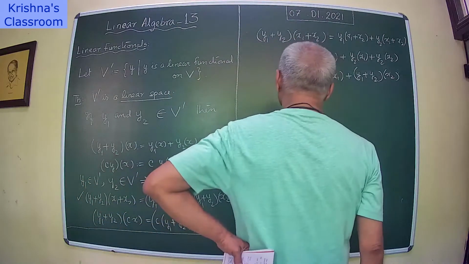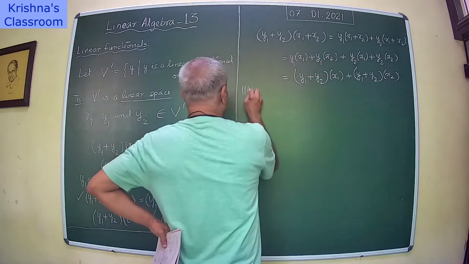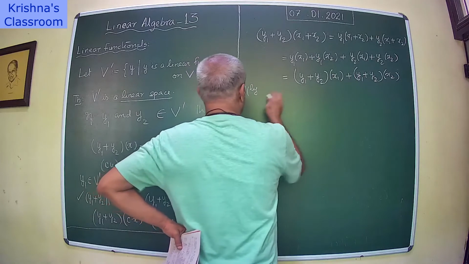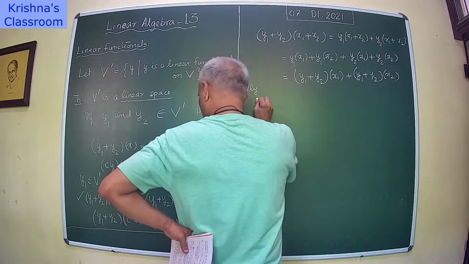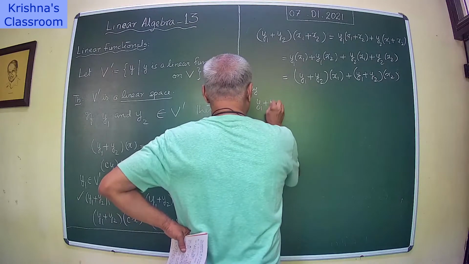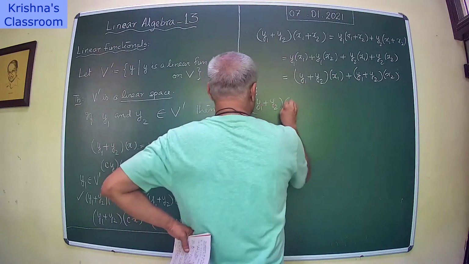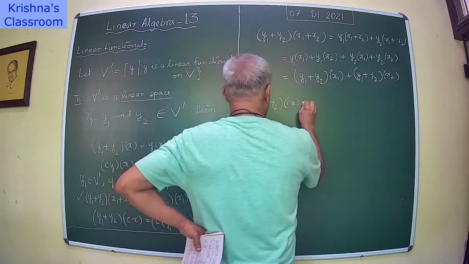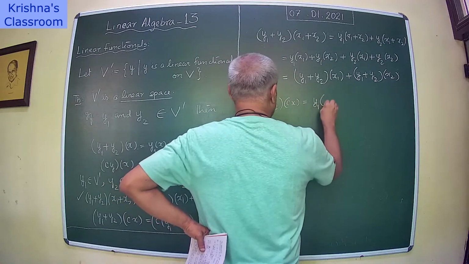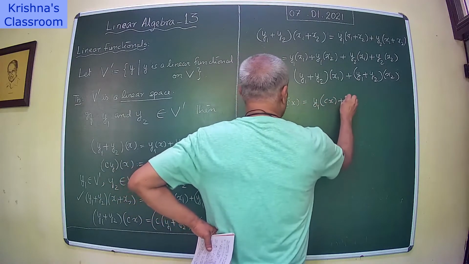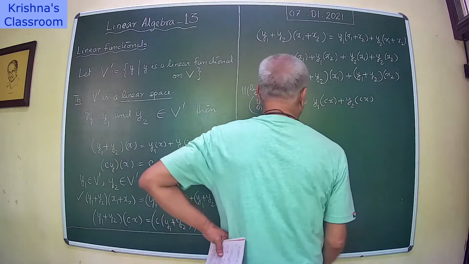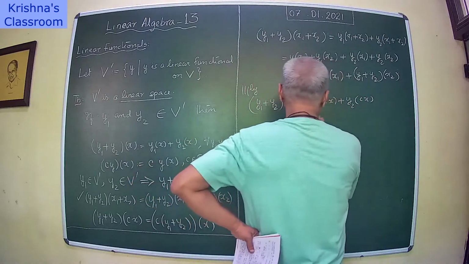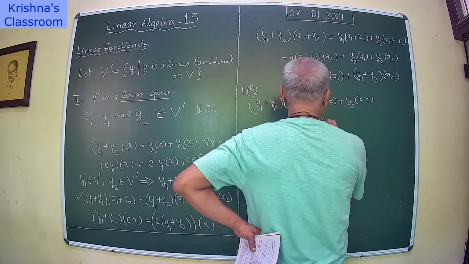Similarly, one gets y1 plus y2 of cx is equal to y1 of cx plus y2 of cx. Since y1 and y2 are linear, this is equal to c times y1 of x plus c times y2 of x.